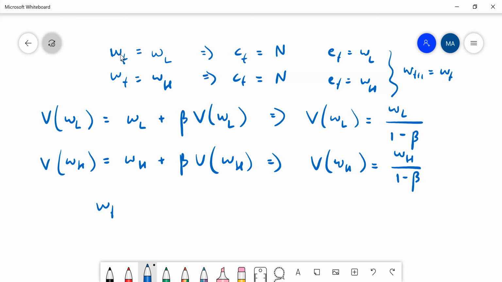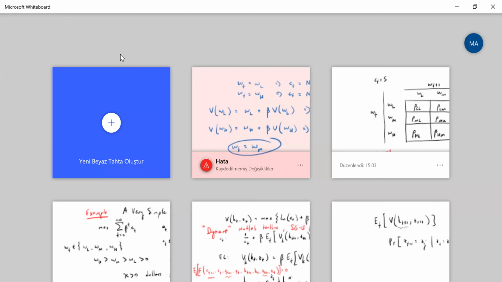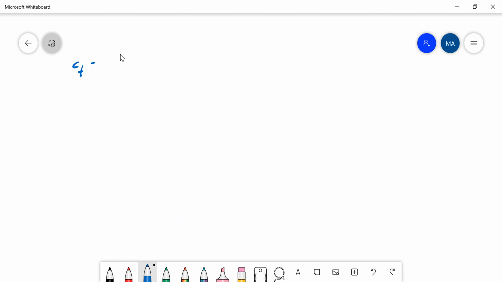Now, of course, the situation is different in this case, right? Why? Because now I have a possibility of attaining a higher wage. All right. So let's try to understand that. So if my wage is W_M, and if I search, then what do I have?